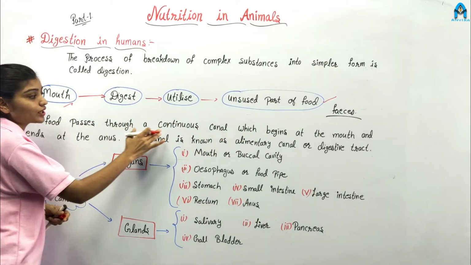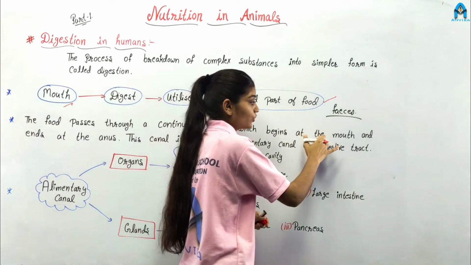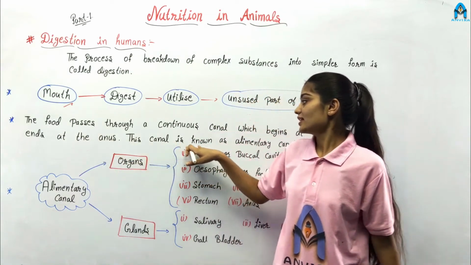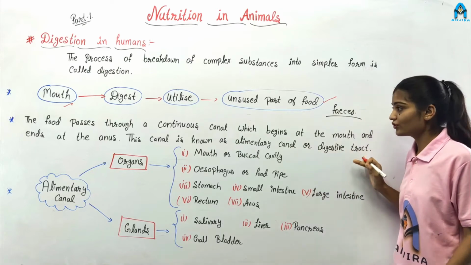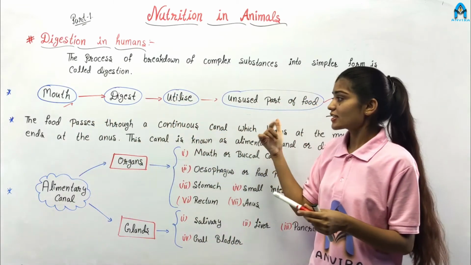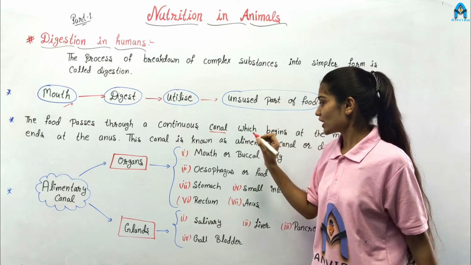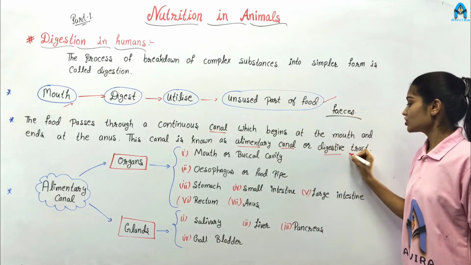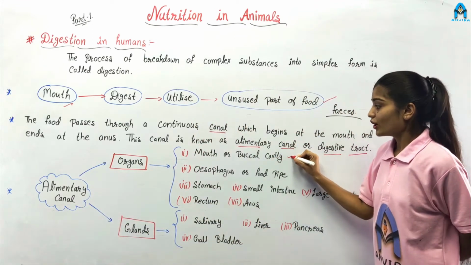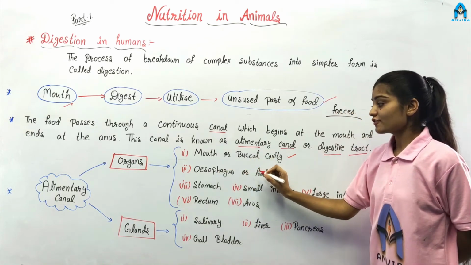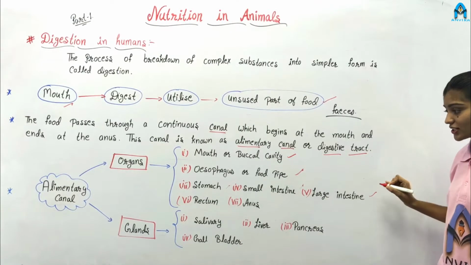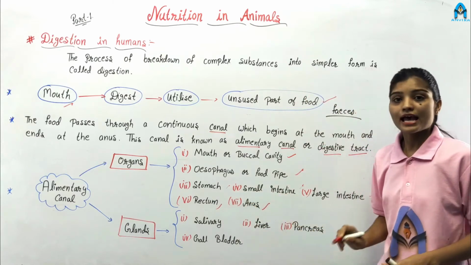The food passes through a continuous canal which begins at the mouth and ends at the anus, and this canal is known as alimentary canal or digestive tract. When we take food into our body, it passes through a continuous canal, and what do we call that canal? Alimentary canal and digestive tract. And the different organs of the digestive tract are mouth or buccal cavity, esophagus which is also known as food pipe, stomach, small intestine, large intestine, rectum, and the last one is anus.